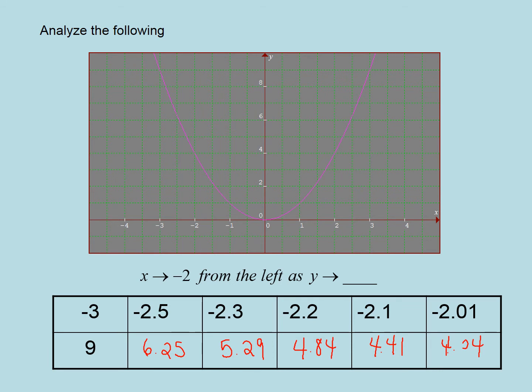And if we looked at it graphically, x approaches -2 from the left. Let's look at what happens with the y values. So it does appear that we are approaching 4.